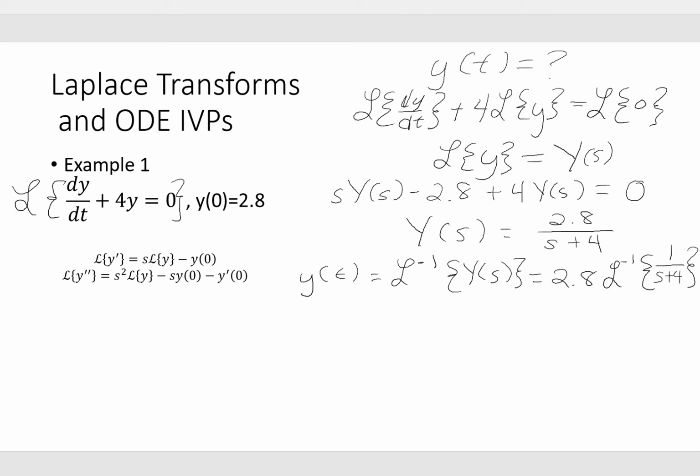All right. From number 5 on the table, we can go directly to a solution. So now we know y as a function of time is 2.8 times e to the negative b times t. Remember that, and here b is 4. So e to the negative 4t. That is our particular solution to this initial value problem.